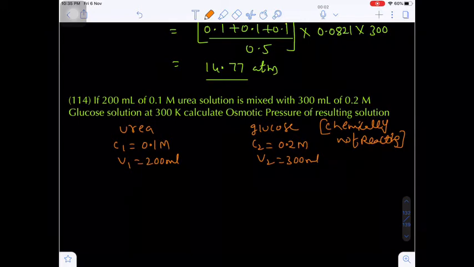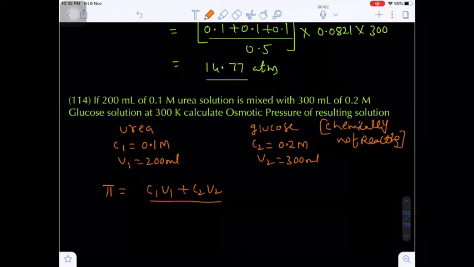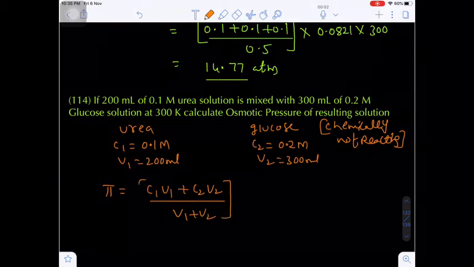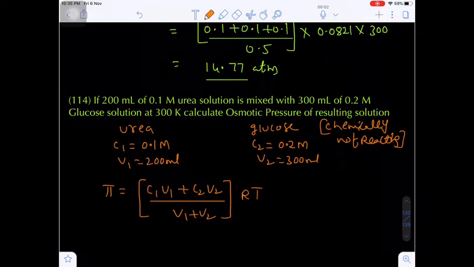Now the resultant osmotic pressure after intermixing of these two solutions will be equal to pi equal to C1V1 plus C2V2 whole divided by the total volume after mixing, V1 plus V2. This is the total concentration after intermixing, multiplied by R times temperature.